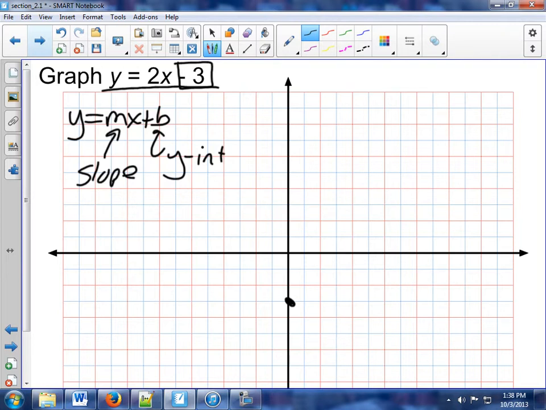Now I worry about my slope. It would be over 1. This is a positive, so I go up 2, over 1. Draw a line. And make sure you label your line.